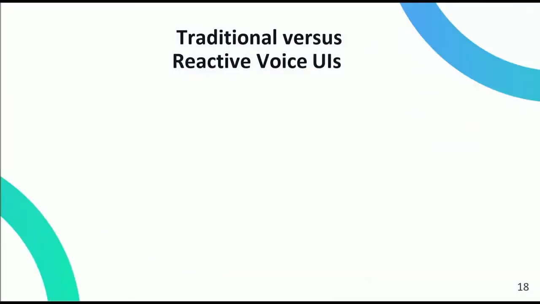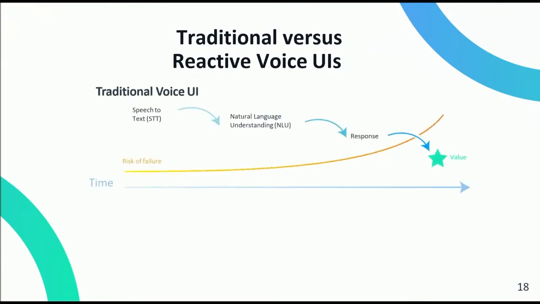So, let's look at how traditional voice UIs work. When the user starts speaking, signal processing starts. When the user stops speaking, a couple of hundred milliseconds after that, the signal is endpointed and a transcript is returned. That is then passed on to natural language understanding to get the intents and entities of the speaker.